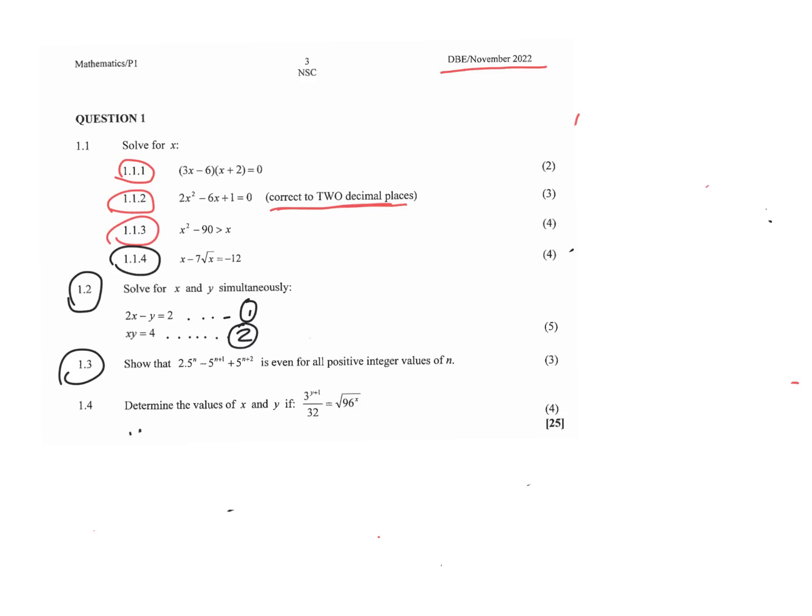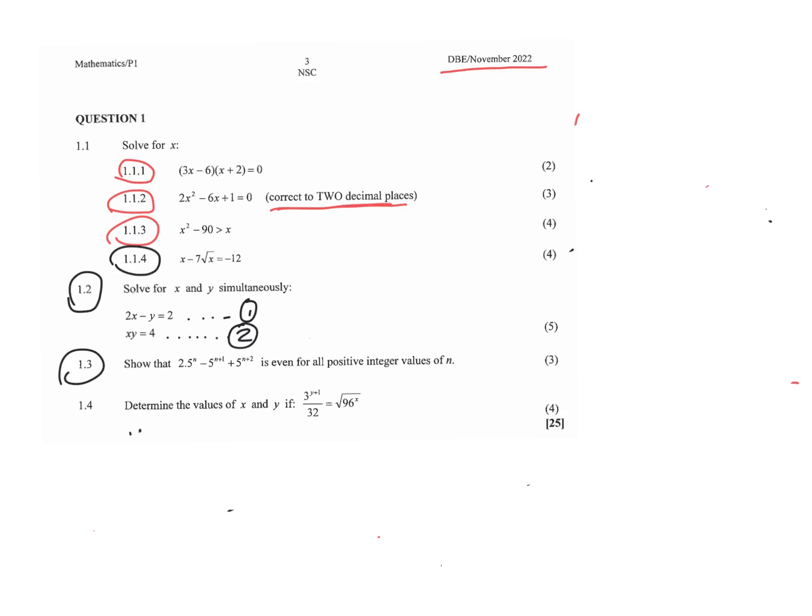Show that 2 multiplied by 5 to the power of n minus 5 to the power of n plus 1 plus 5 to the power of n plus 2 is even for all possible positive integers of n. So from there we go to our equation.